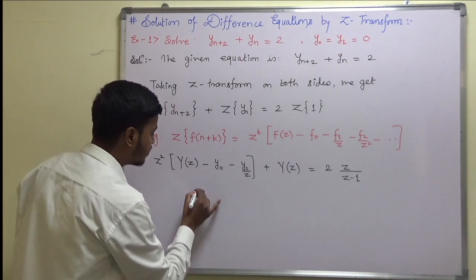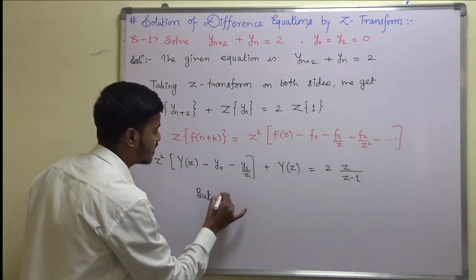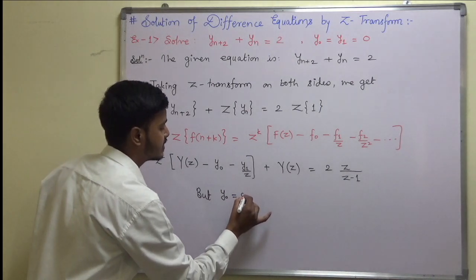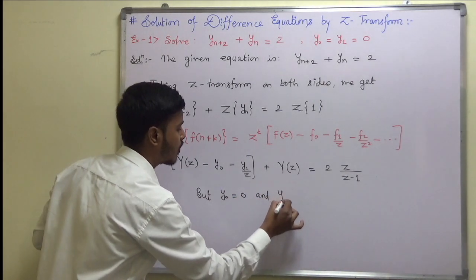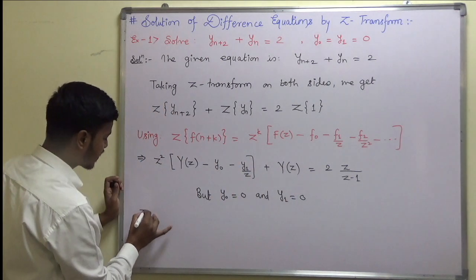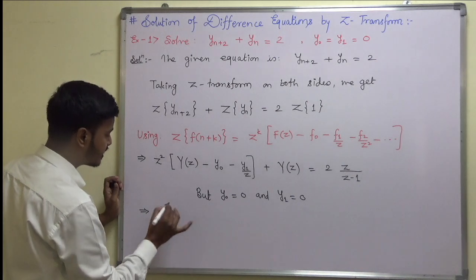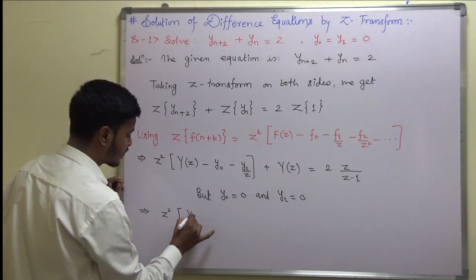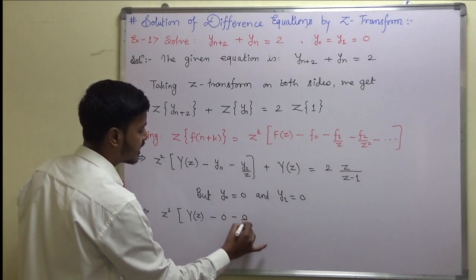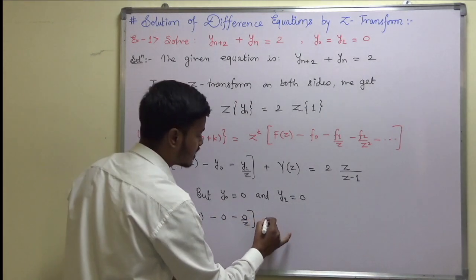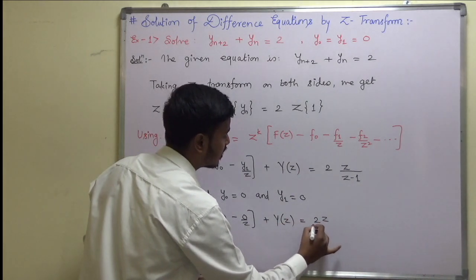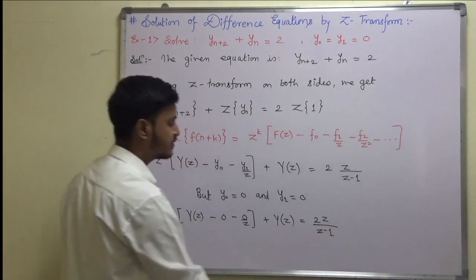Now you can use the given conditions. y0 is equal to 0 and y1 is also equal to 0. So when you apply them here, you will get z square y of z, this is 0, this is 0 by z, which is 0, plus y of z is equal to 2z upon z minus 1.